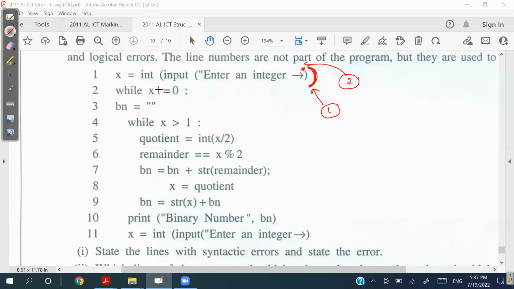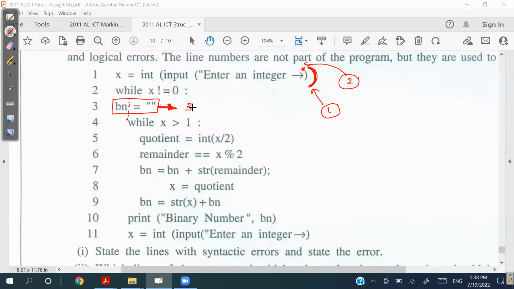The while condition is okay, there is a colon as well, which is correct. They have taken bn and introduced an empty string, which is correct again. And this particular part should be indented, in this alignment.